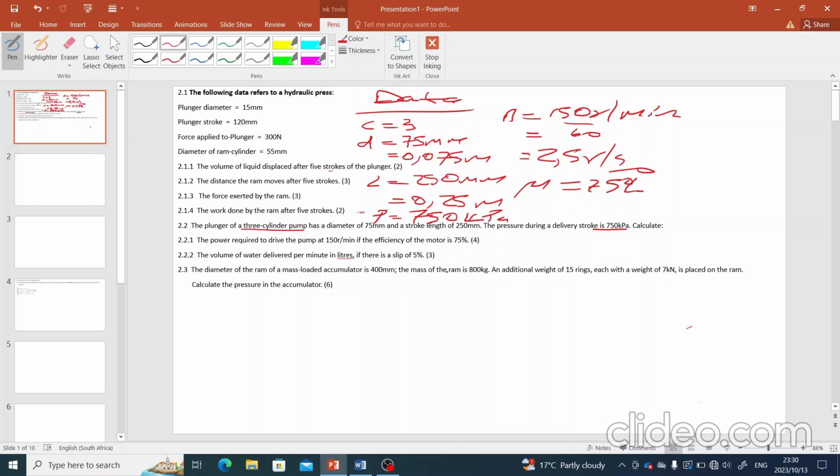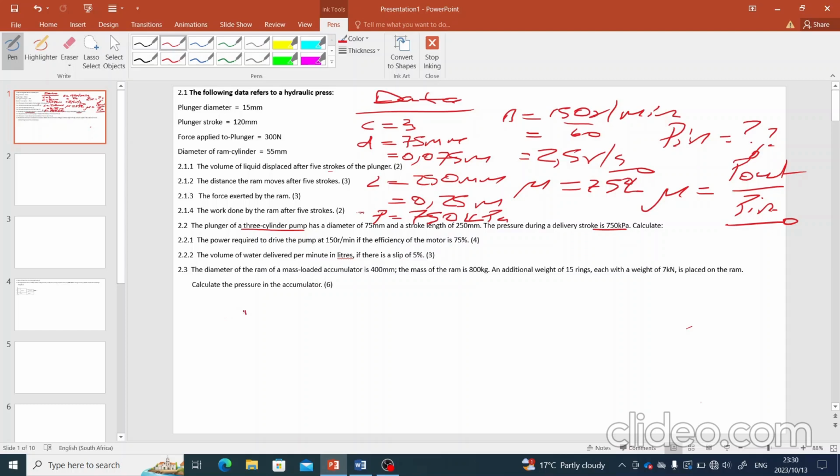Now they want us to calculate the power required to drive the pump. They want us to calculate power in. How are we going to calculate power in? Efficiency equals power out over power in. This is the formula that we are supposed to use. Now the question is, do we have power in? No, we don't, but we are given everything that can help us to calculate power out.